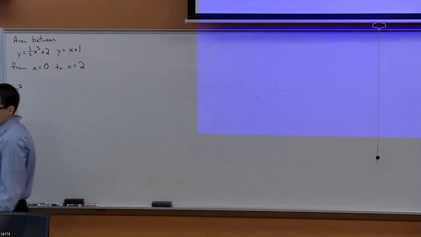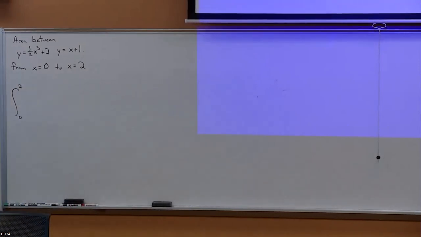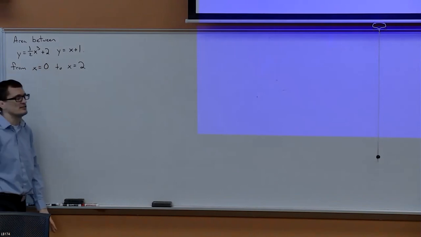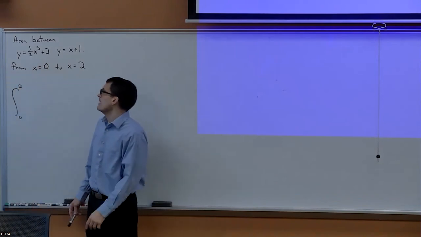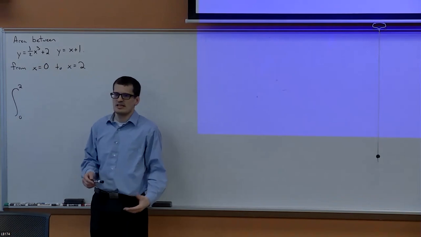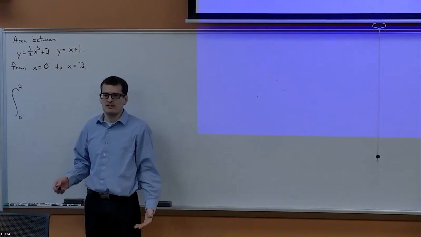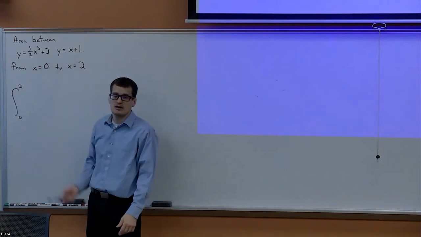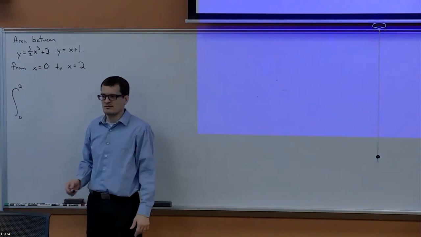All right. Now, in this case, between 0 and 2, the 1/2 x to the third plus 2 is the one that's on top. Okay? If you ever get into a spot where, let's say you don't have a graphing calculator to graph those two, again, you can graph those two on a graphing calculator if you want.